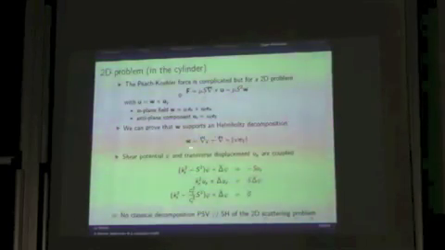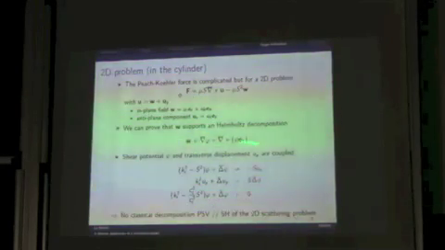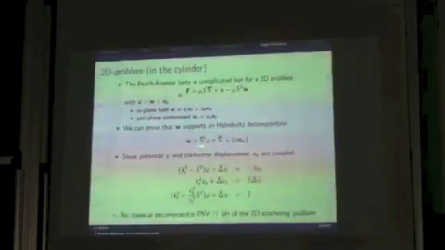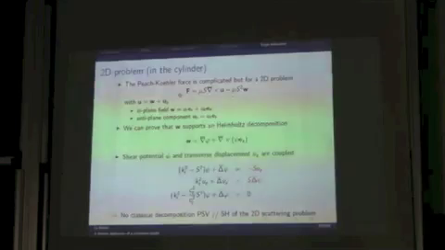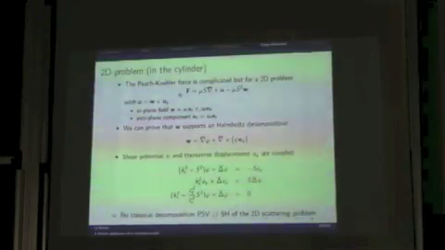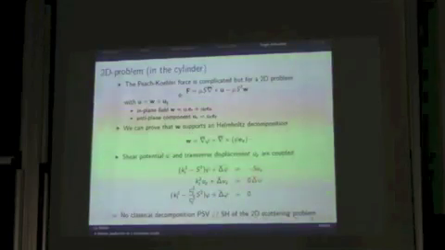We can prove that this in-plane field supports an L-mode decomposition, and after we can prove that the shear potential here is coupled with the transverse displacement. That means that we have broken down the classical decomposition of the PSV-SH 2D problem of scattering.